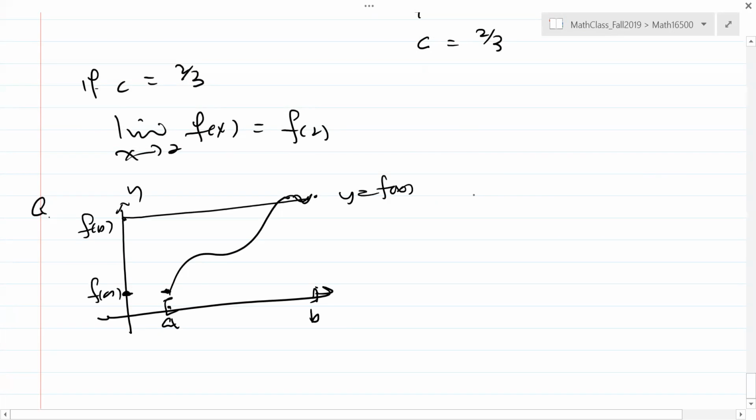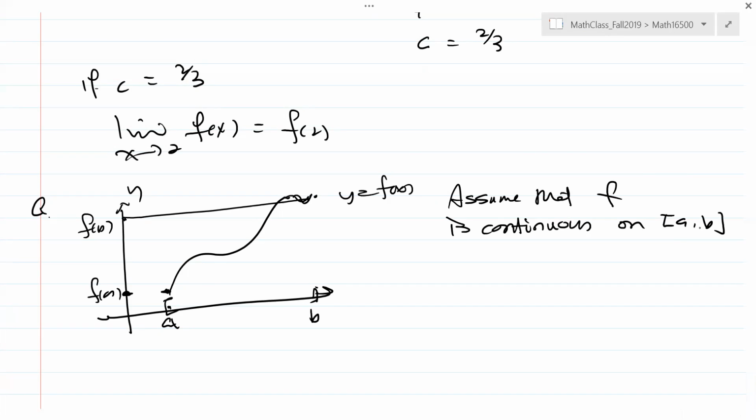So we assume that f is continuous everywhere on the closed interval from a to b. So there's no hole along this curve in the space.